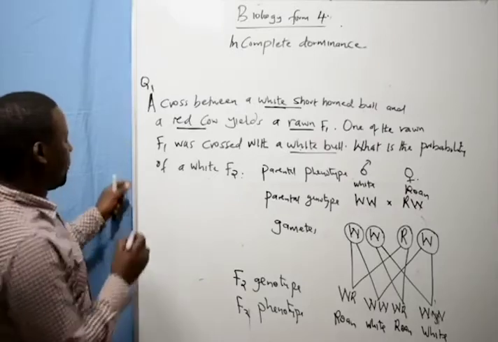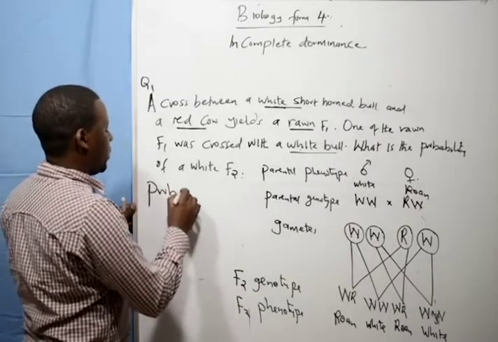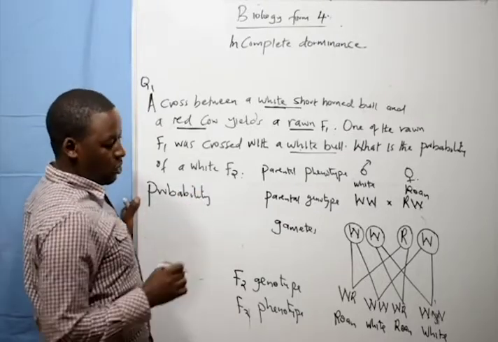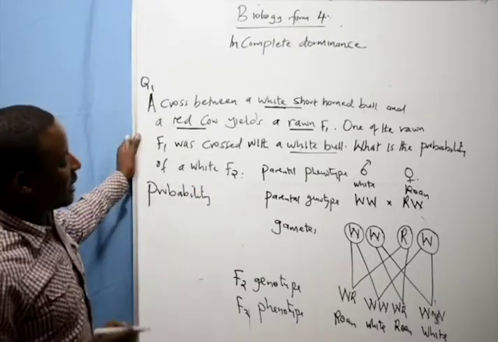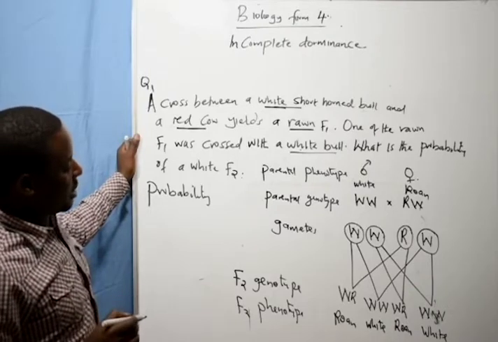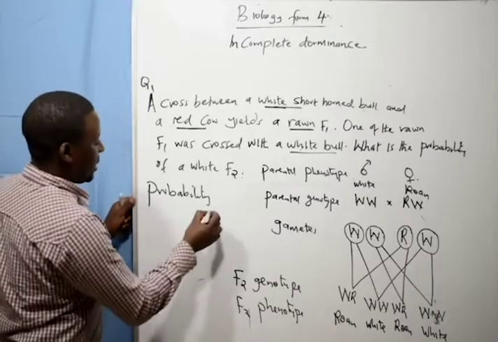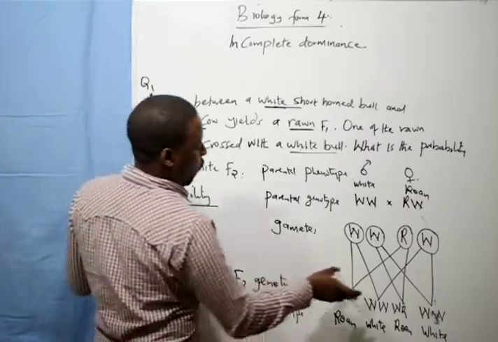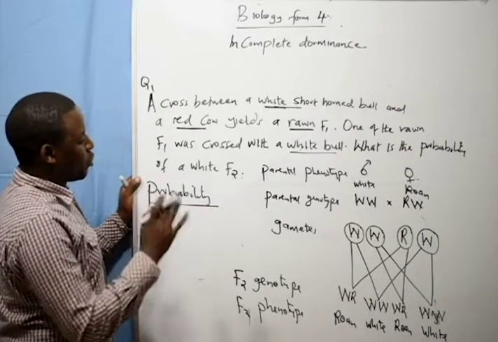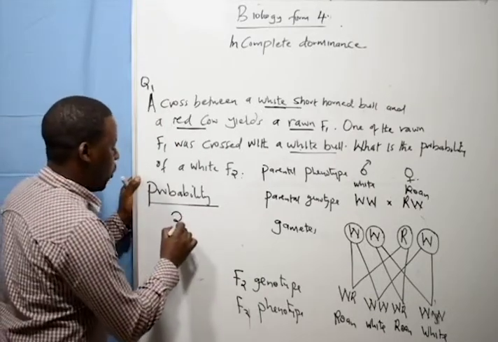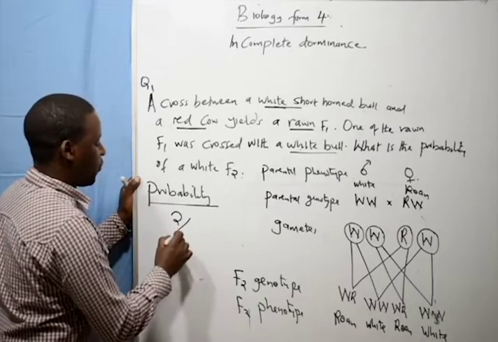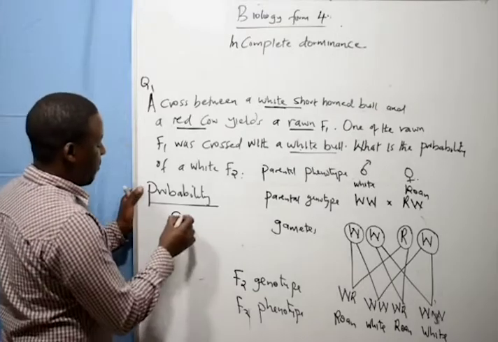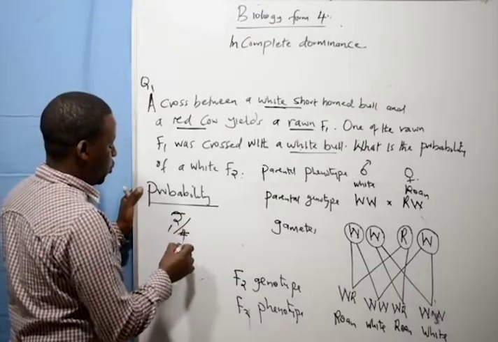Now probability is expressed either in fractions or in decimal points. So in our case here, this is how we get the probability. Out of the cross, we have 4 F2s, but 2 are white. So 2 whites out of 4 F2s. Divide by 2, 1 over 2.